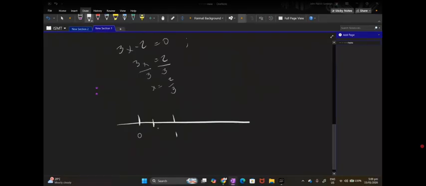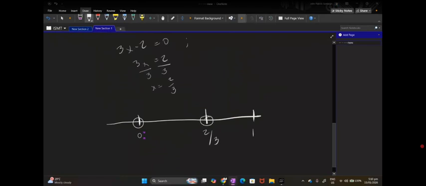Ayan, ito yung 1. So, 2/3 is here, di ba? So, bibilugan natin yan. Now, palakihin na lang natin kasi masyado maliit. Kunyari, ito yung 1. Tapos, ito yung 2/3.